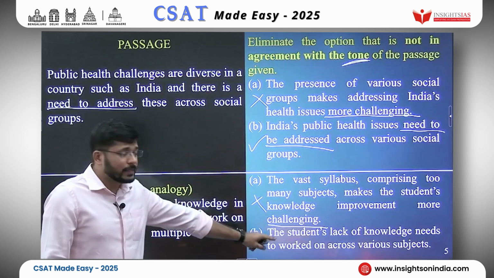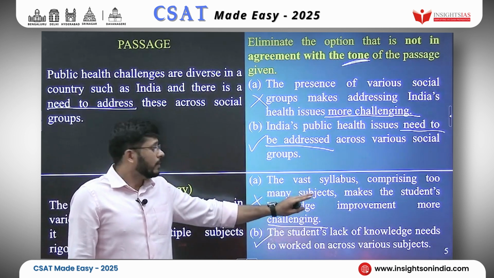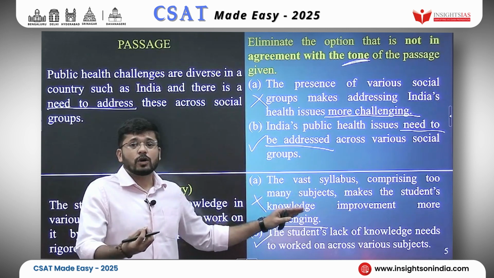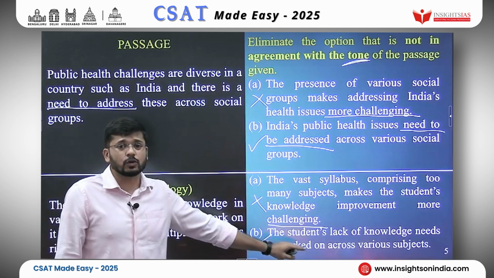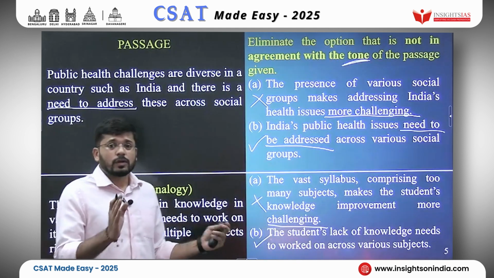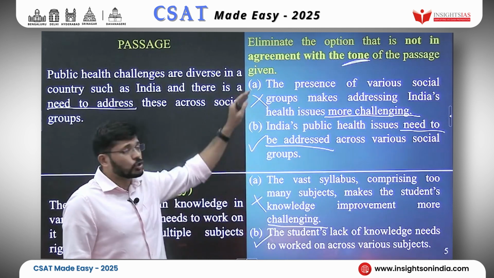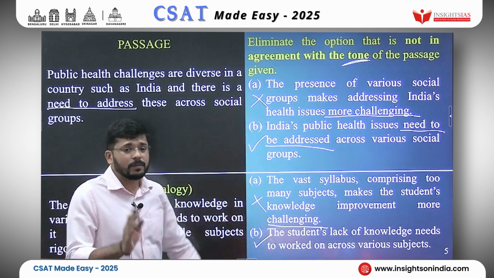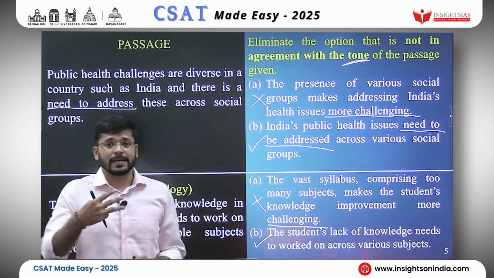So this second option does that, but the first option, no, it just gives a cause for her lack of knowledge. But this one asks her to take action. This also asks her to take action. So based on the tone of the passage, we will eliminate the first option in both cases, and we will keep the second option.